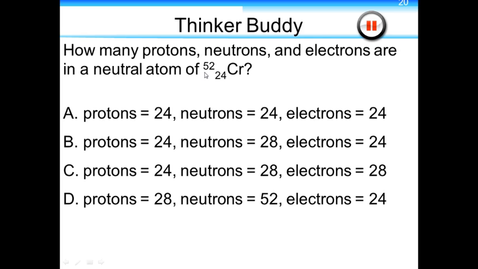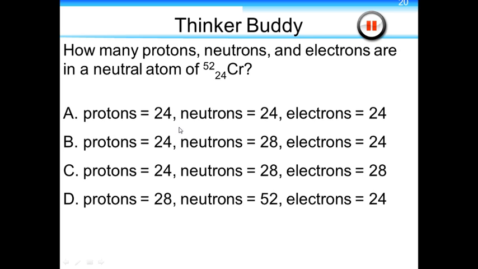Because every time I have chromium, I always have 24 protons. So just by stating chromium, a person can look at the periodic table and see the atomic number. I don't have to include both the atomic number and the element, even though we do when we write the formal isotopic notation. So how many protons and neutrons and electrons are in a neutral atom of chromium-52?